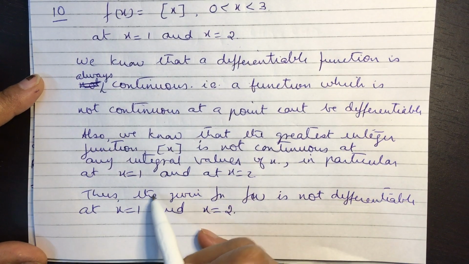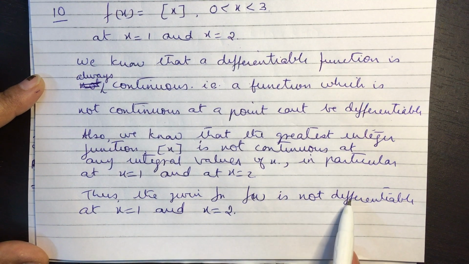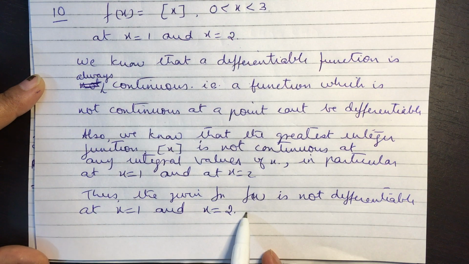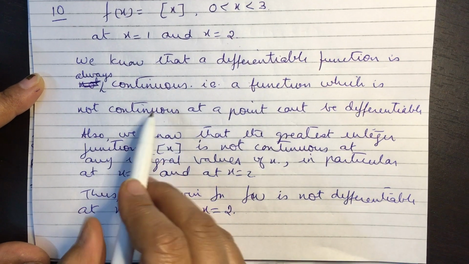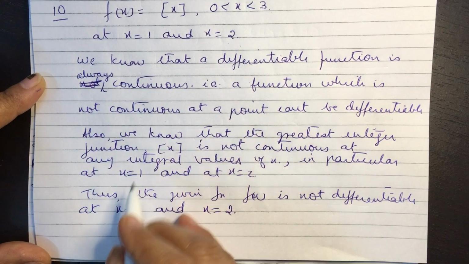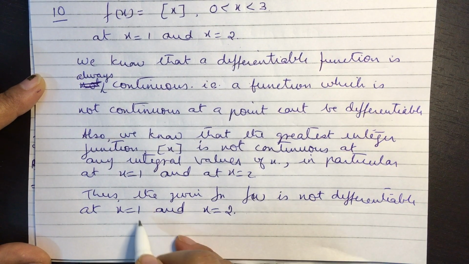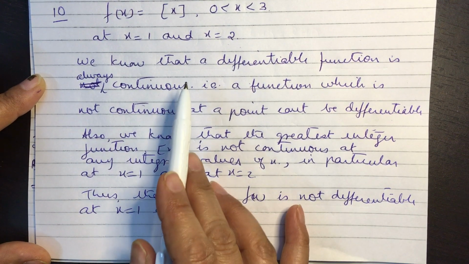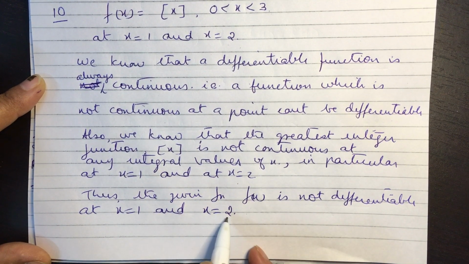So, since it is not continuous, it can't be differentiable also at x equal to 1 and x equal to 2. We have already discussed the continuity of the greatest integer function in one of the previous questions. So, you can just show the discontinuity by the procedure of continuity, and show that the function is discontinuous at each of the integral points, and that way you can prove this question.